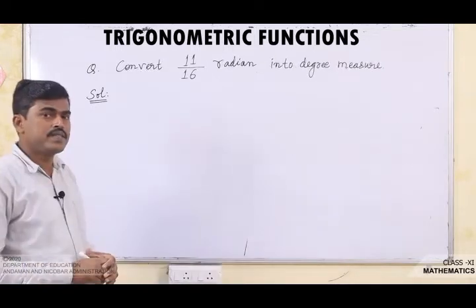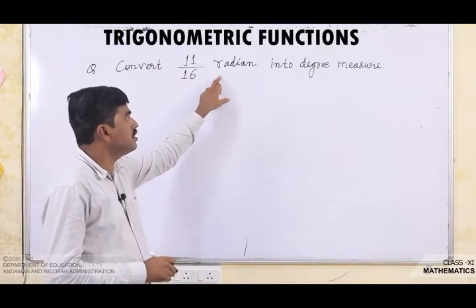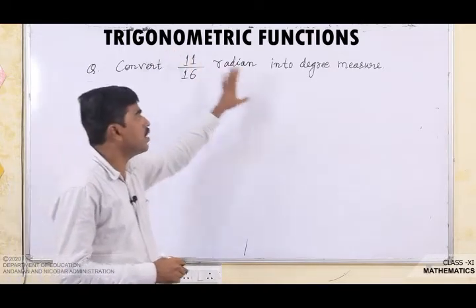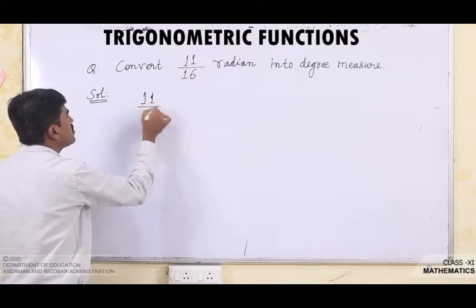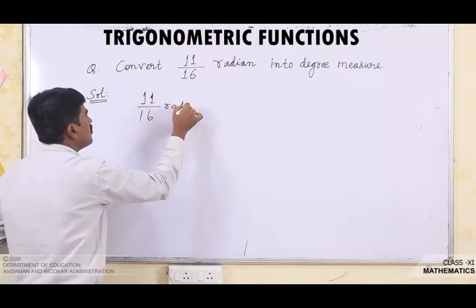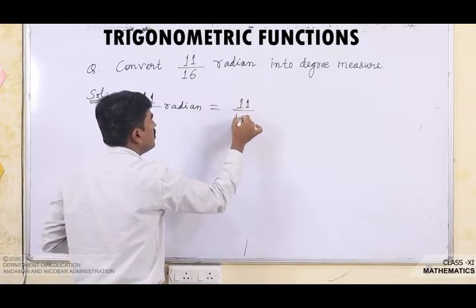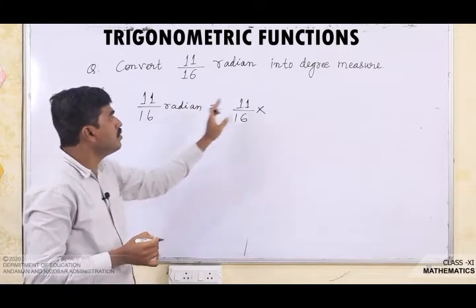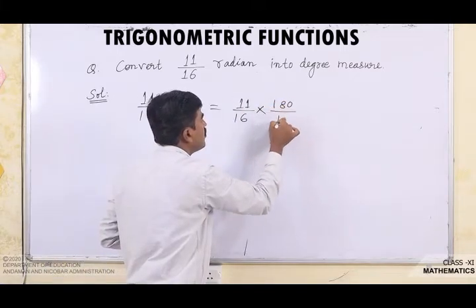Okay. Now let's see next question, that is convert 11 by 16 radian into degree measure. Now this angle is given in radian, we have to convert it into degree measure. So 11 by 16 radian is equals to 11 by 16 into, now we have to convert into degree measure, so we have to multiply it with 180 by pi.